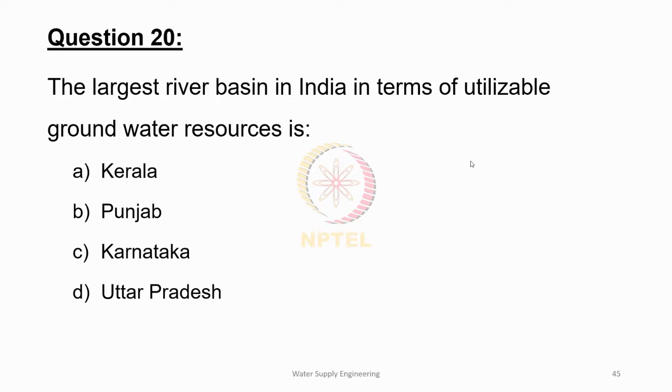Which of these states have the largest amount of utilizable groundwater resources? Which state do you think has the largest amount?